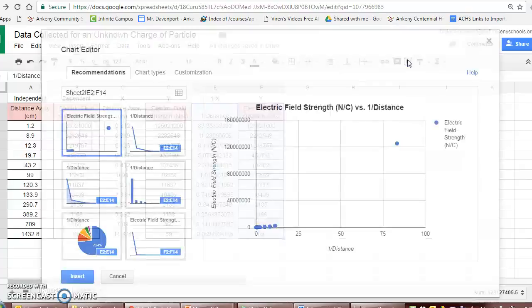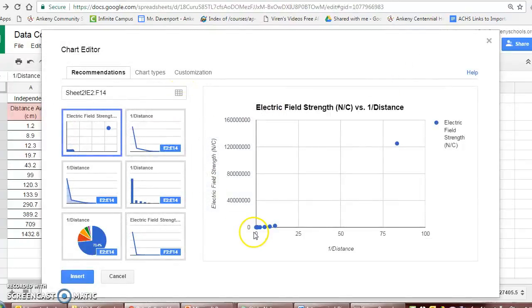So now when I insert a graph, I'm still noticing that I don't have a quite linear trend. It looks a little bit more exponential this time. So if I'm seeing an exponential, I will also need to square the X according to my cheat sheet, how to linearize.